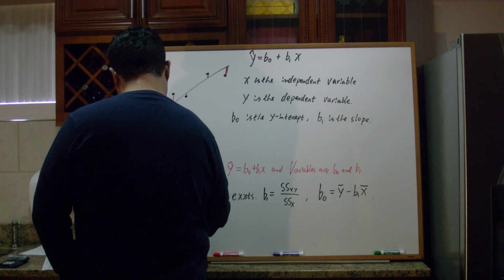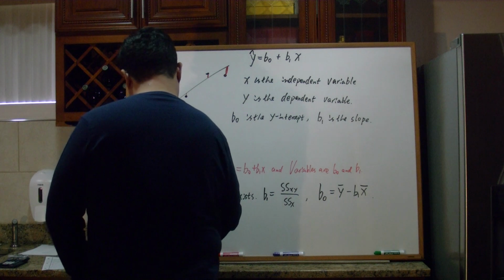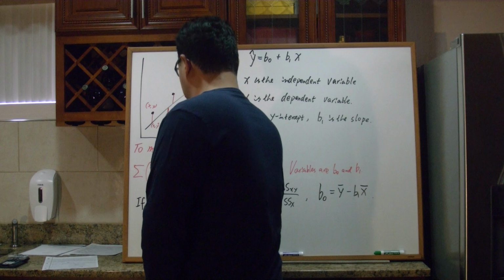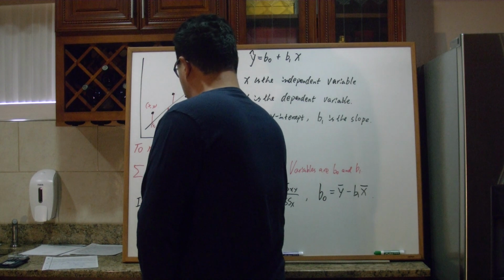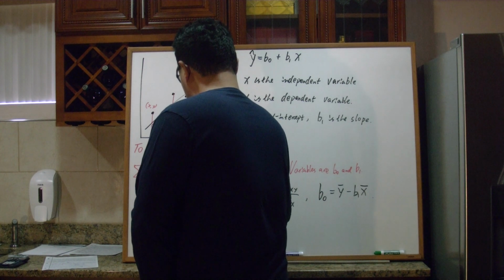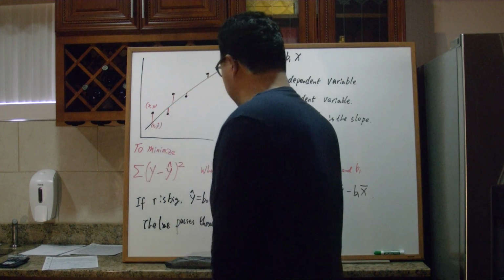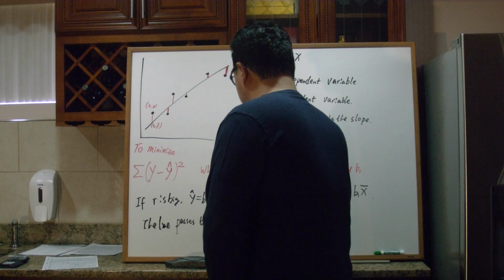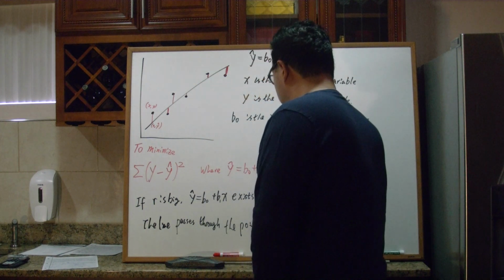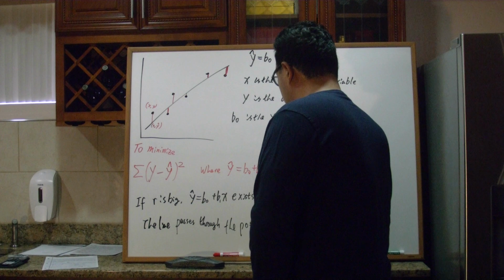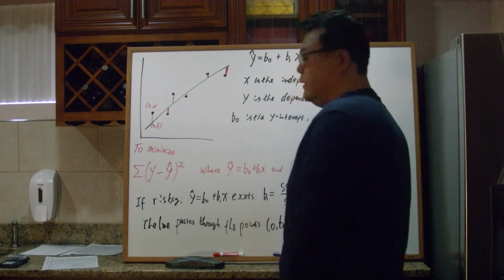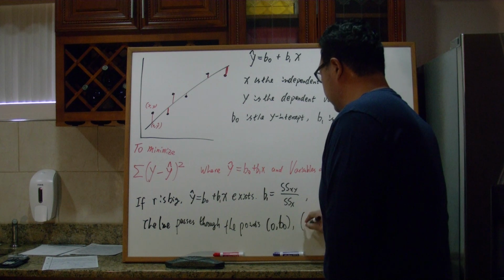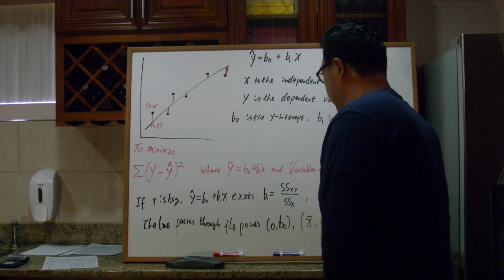The line passes through the points. First of all, it has to pass the y-intercept and also has to pass the average.